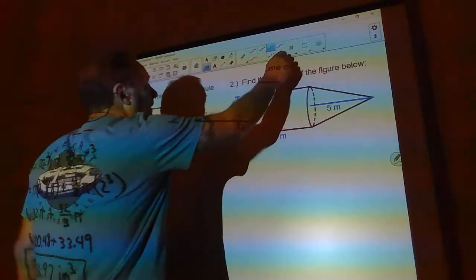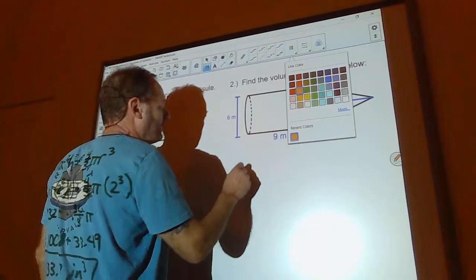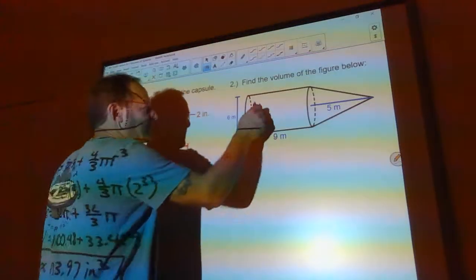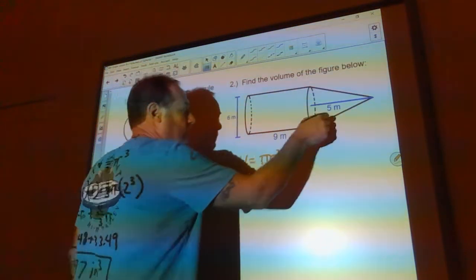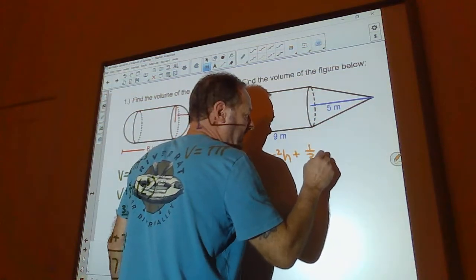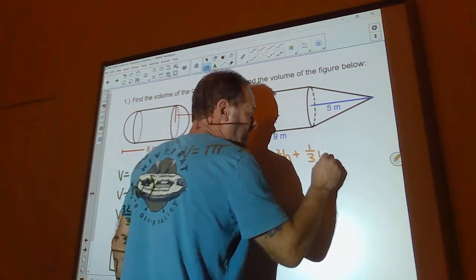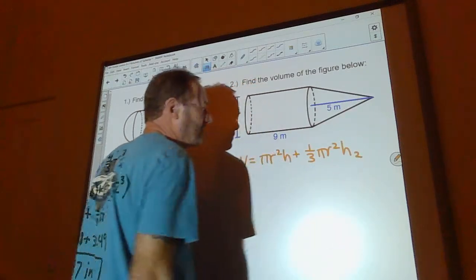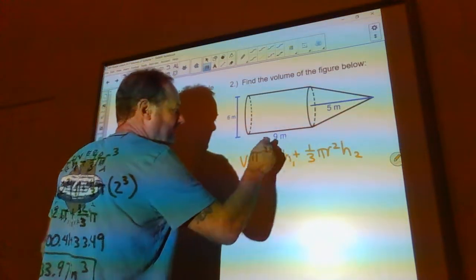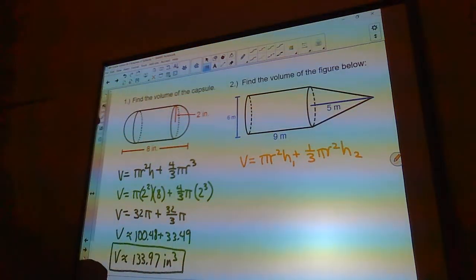Now this one over here, this is going to be a cylinder, so that's pi r squared h, plus a cone, which is 1/3 the area of the base, but the base is a circle, so that's pi r squared times the height of the cone. I'm going to call that h2 because that height and this height are two different things.